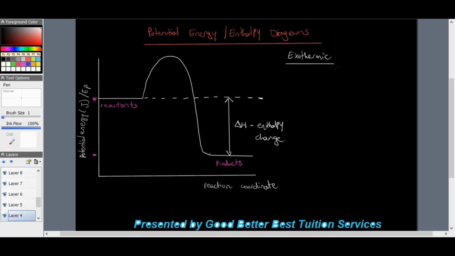Now, we can see that this is a graph that's been drawn, but obviously I've left out one key aspect. The distance here between the peak of the curve and the reactant line, which I've just extended to show you, this bit, is called the activation energy. Why?